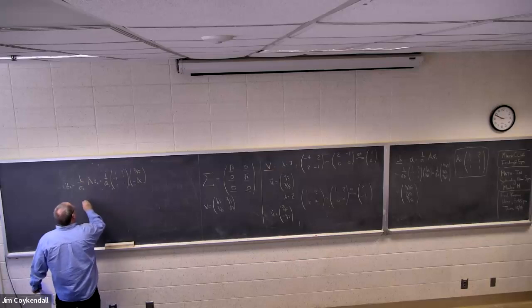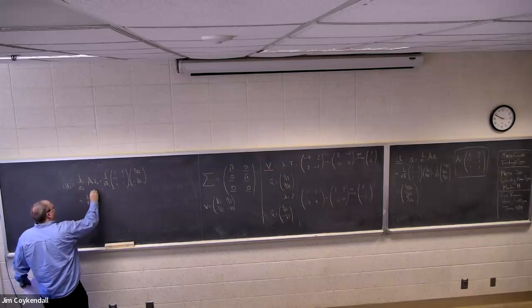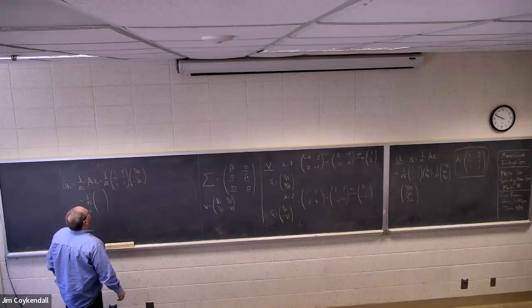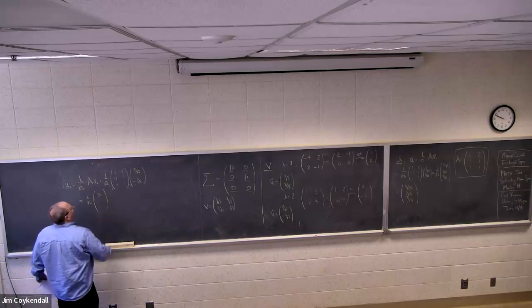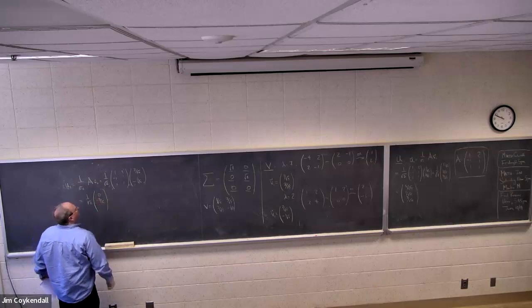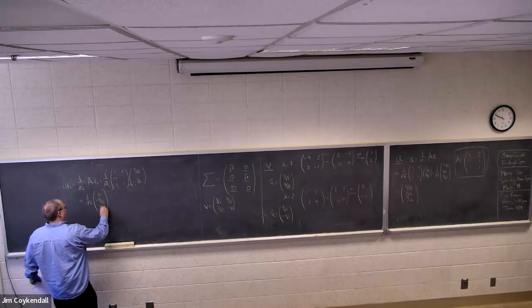And so this is 1 over radical 2 times the 3 vector 0, minus 3 over radical 5, 1 over radical 5.